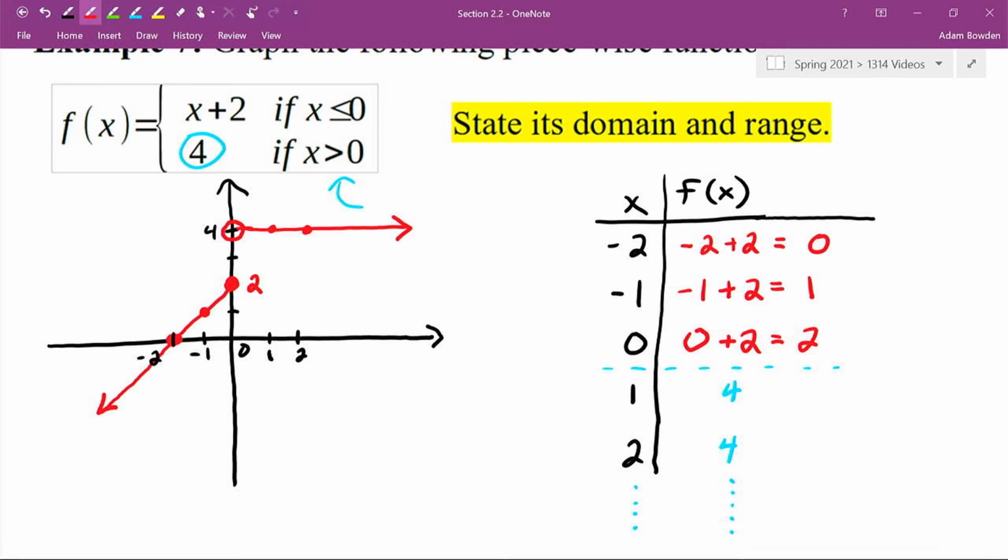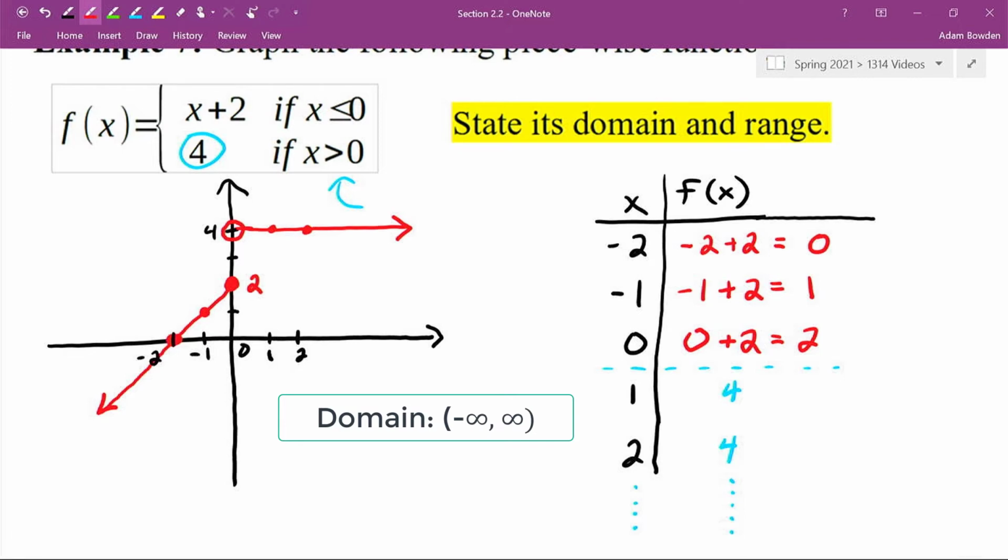Now for the domain, we look at the x-axis and notice that it covers the entire x-axis since it continues to point off to the left and to the right. So the domain would be all real numbers from -infinity to +infinity. For the range, we look at the y-axis and see that it comes up from the bottom all the way up to 2.